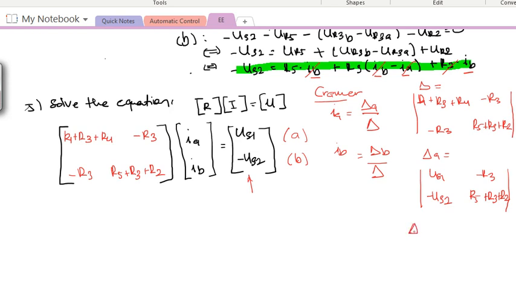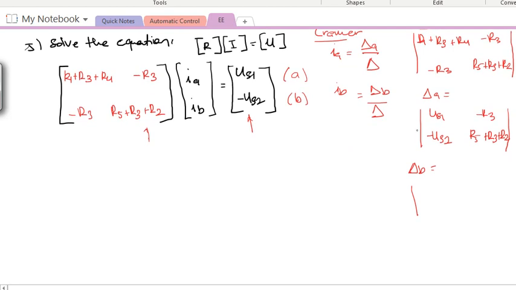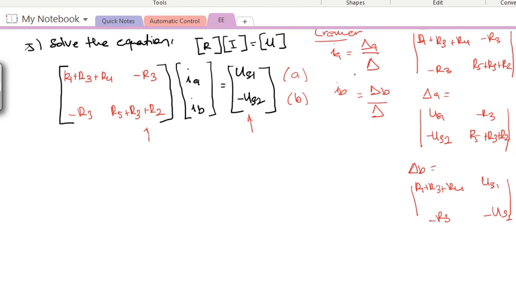And the determinant of B is when you replace the second column with the solution of the system, the right hand side of the system. So it is R1 plus R3 plus R4 multiplied by minus US2, minus minus R3 multiplied by US1. When you do the calculation, you'll find what IA and IB are.